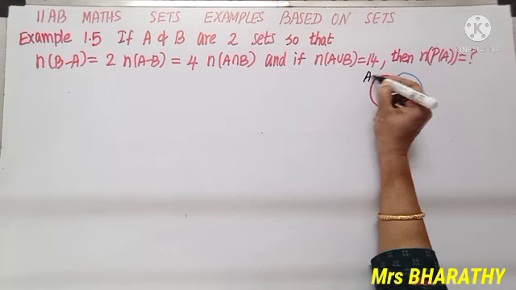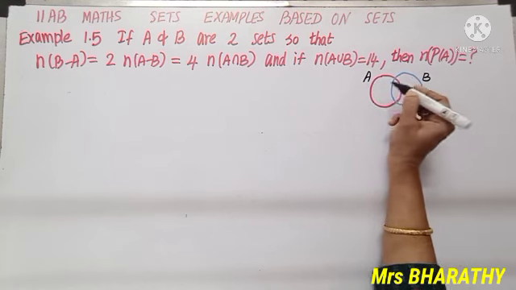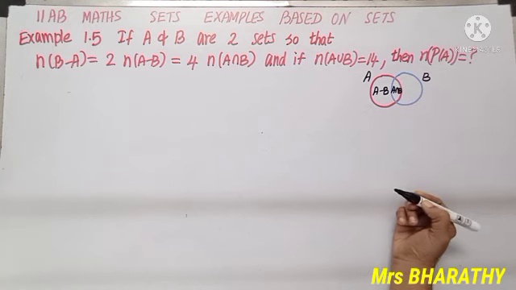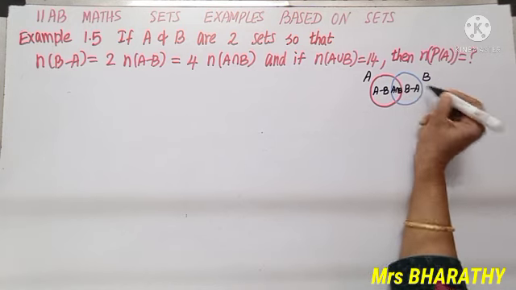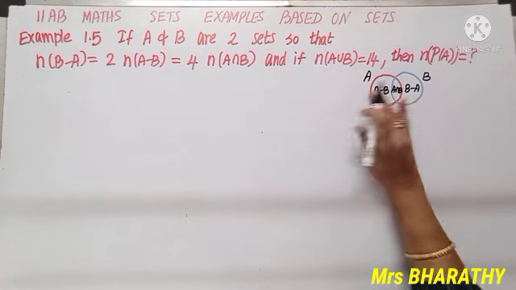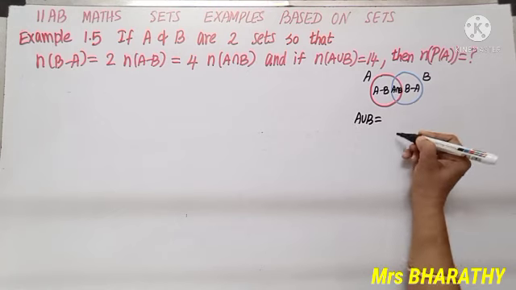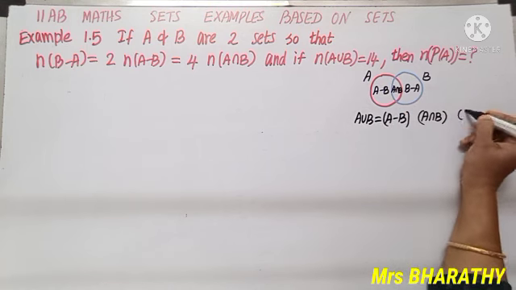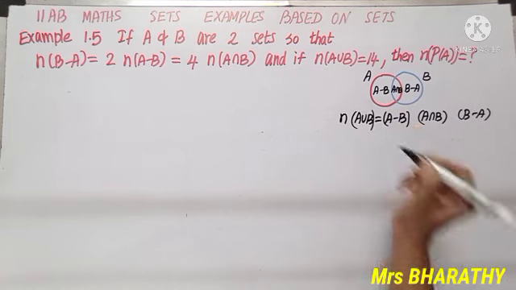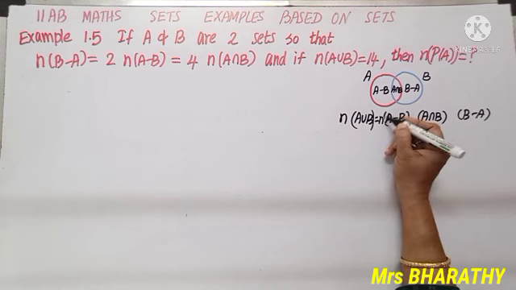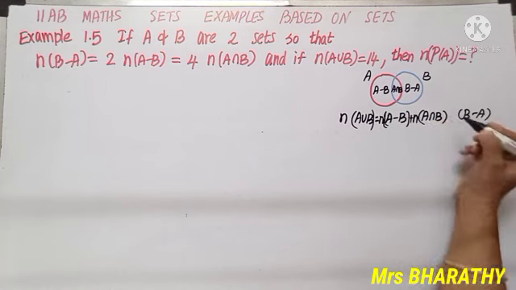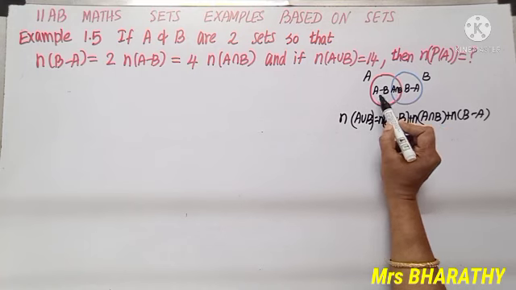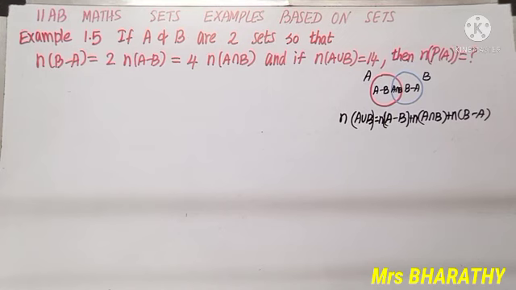If I consider this as A and this as B, this portion I will call A minus B. This portion I will call A intersection B. And this portion I will call B minus A. So, A union B, the full portion, can be written as A minus B, A intersection B, B minus A. So I can take n of, the cardinality is nothing but n of A minus B plus n of A intersection B plus n of B minus A. All the three parts are disjoint.